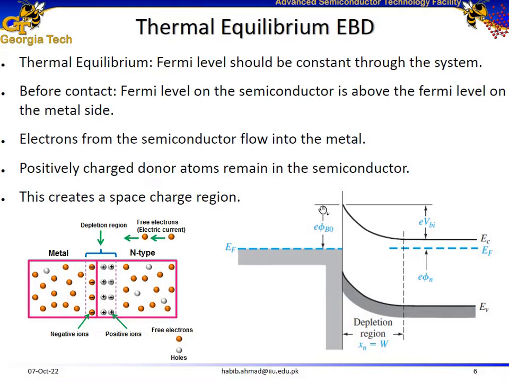On the other hand, we also see another barrier. It's called phi B naught, or the Schottky barrier. This Schottky barrier is the barrier for electrons to move from the metal side to the semiconductor side. Right, phi B naught is the Schottky barrier.